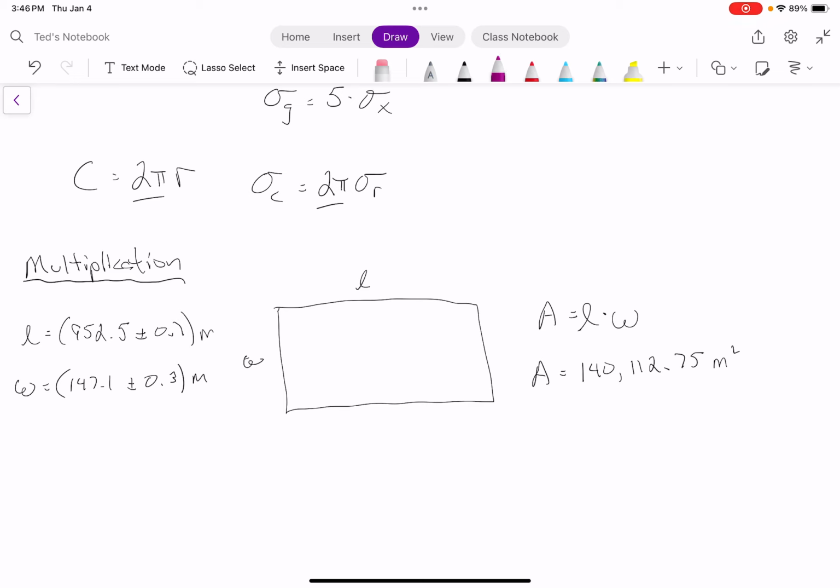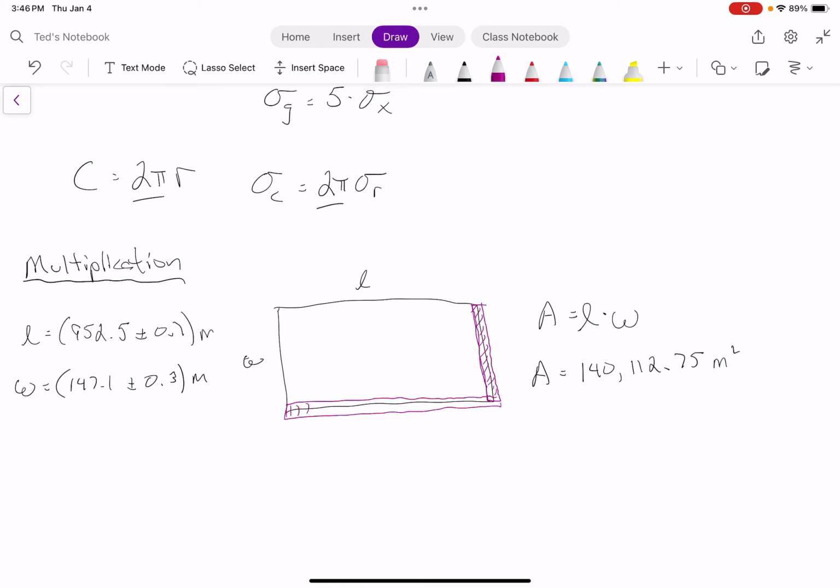And here's where it gets interesting, because the length has some uncertainty. It could be a little bit shorter than what we said, 952.5, or it could be a little bit longer. And because the length has some uncertainty, that creates some uncertainty in our area. And the width also had some uncertainty. It could be a little bit shorter, or it could be a little bit longer.